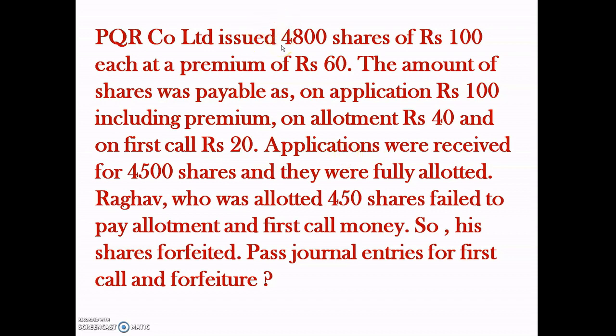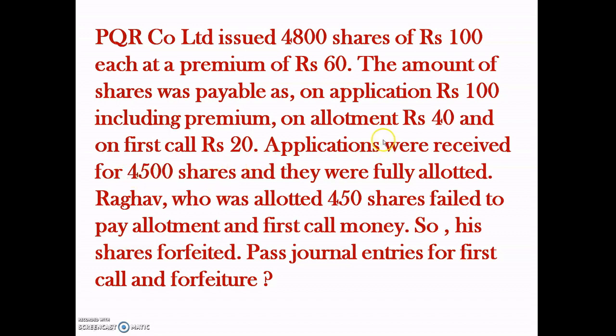Here shares issued is 4800 and applied is 4500. We are taking this because this is the case of under subscription. In the other cases, full subscription and over subscription, we have to take the number of shares issued. But here we are taking applied shares, that is 4500.